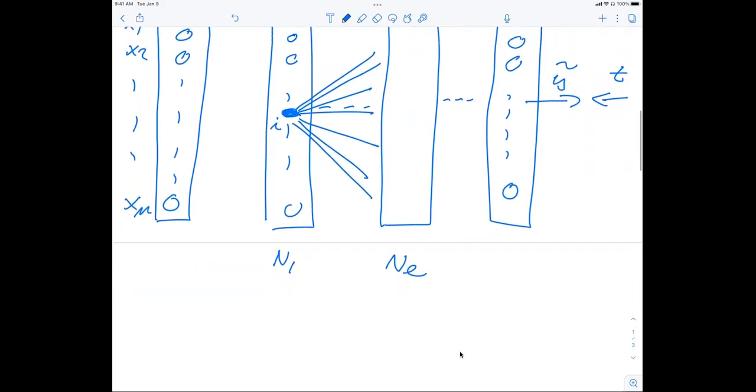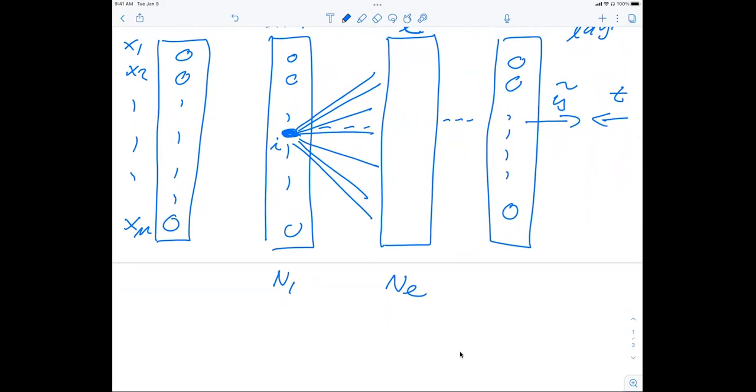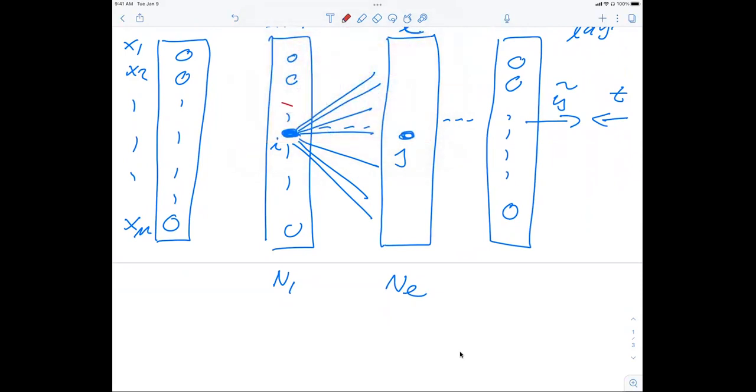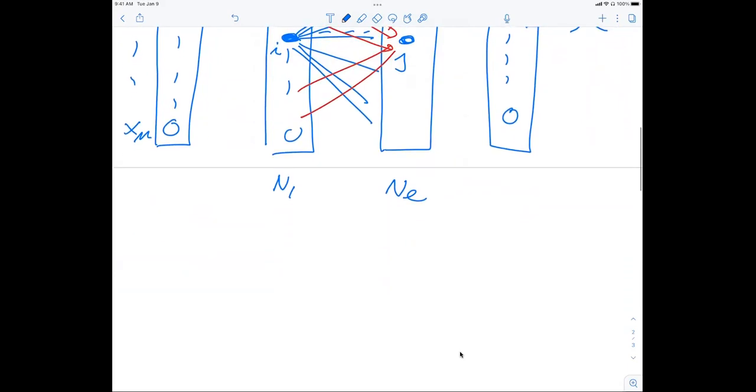Okay, so if you look at that specific node here, i, that feeds into a node here, which we can call j. Now this node j receives information from all the other ones. So all these feed into that one. And the input to that specific node is something which we are going to label as a z.